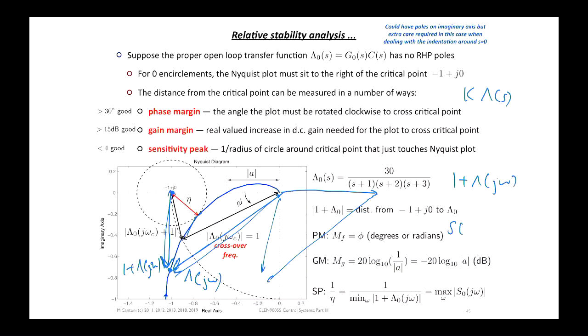We know that the output sensitivity function is 1 over this. Okay? And so this sort of measure of how close we are is telling you about the peak in the sensitivity function. If this is small, right, the magnitude of this is small at a given frequency, which will make the magnitude of this big, right? So the smaller this is, the bigger the peak in the output sensitivity function.